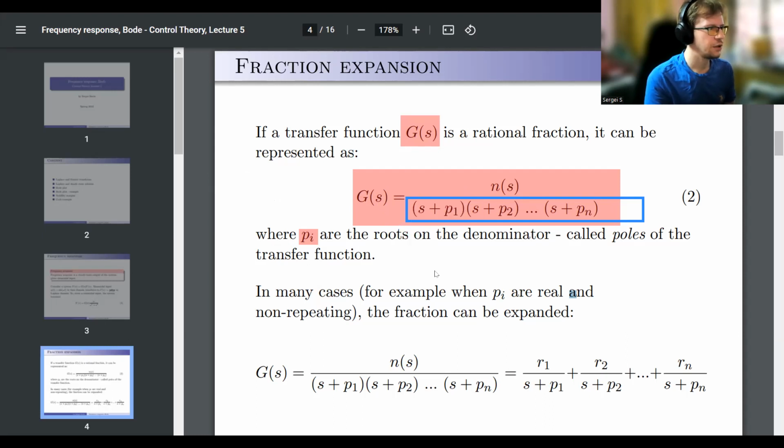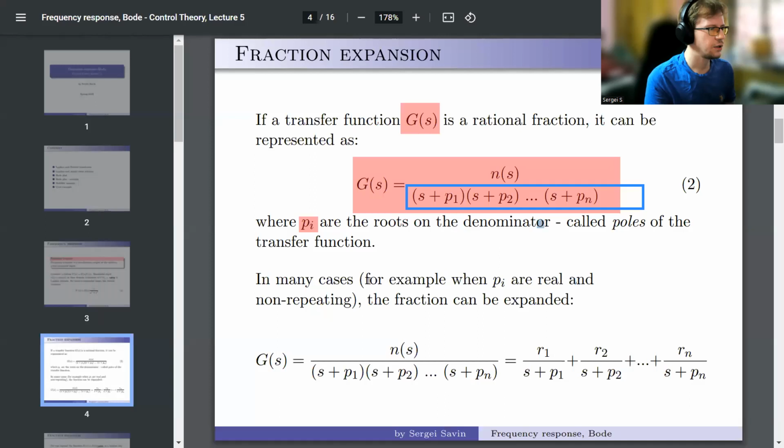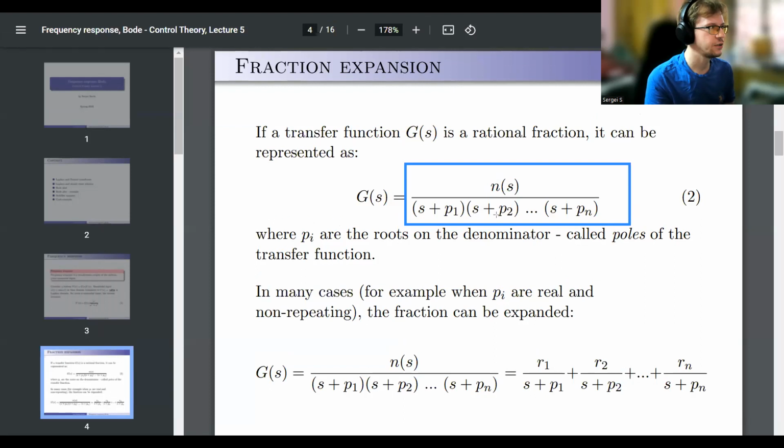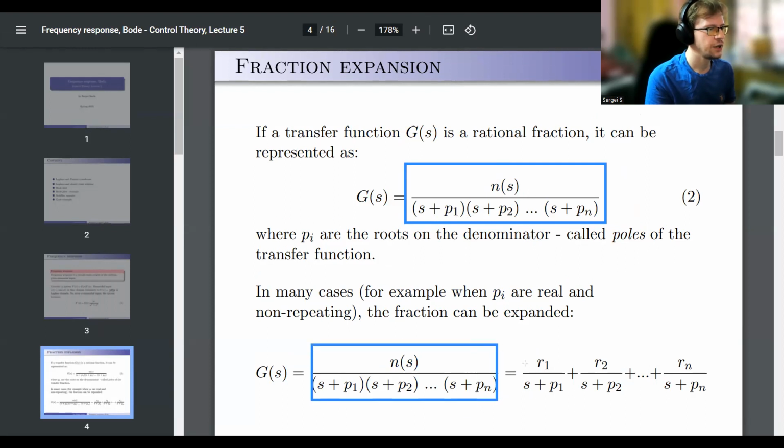Now, especially when the p's are real and non-repeating, so not complex but real, we can expand this whole fraction as a sum of simpler fractions.